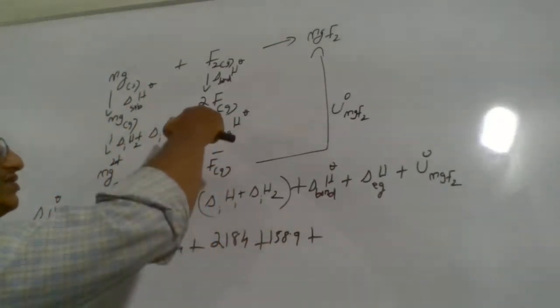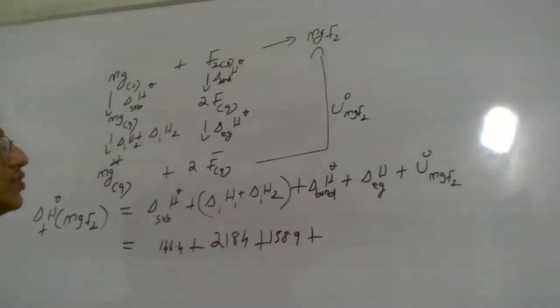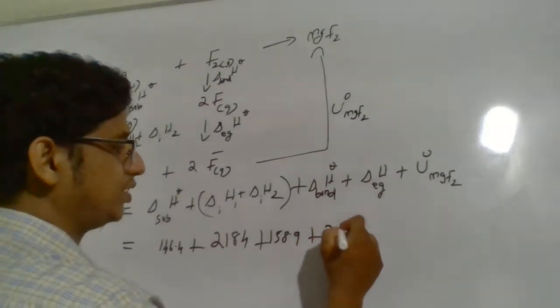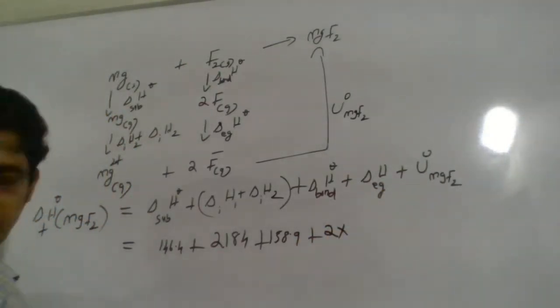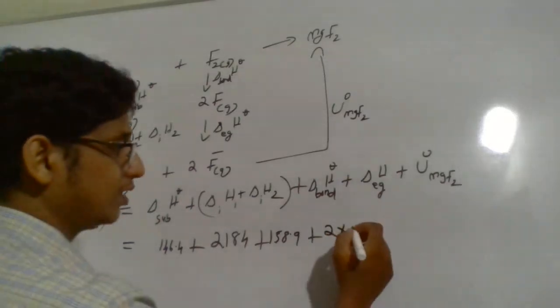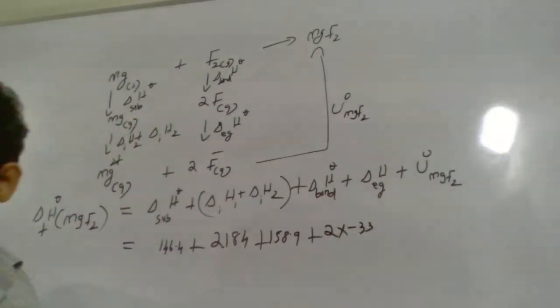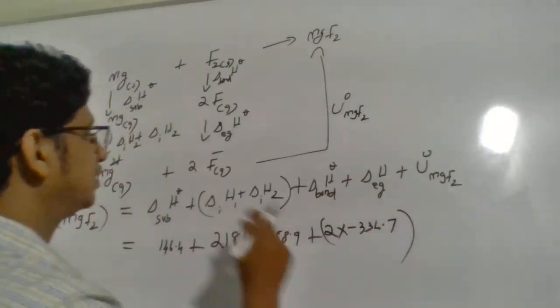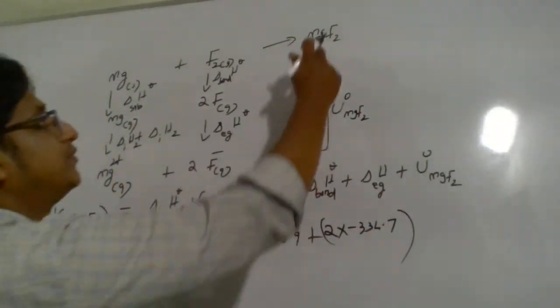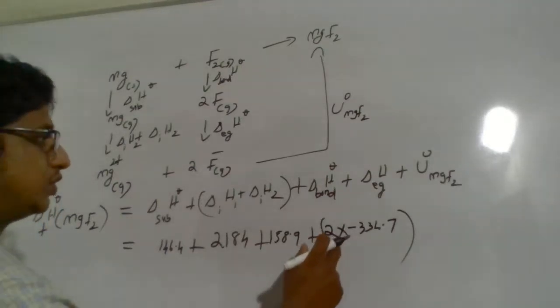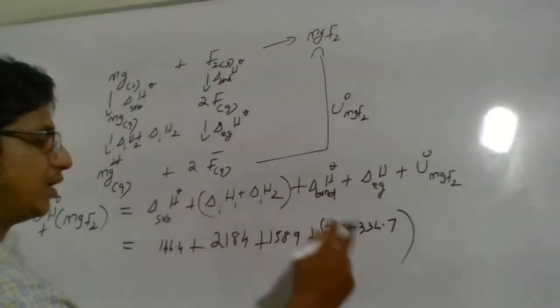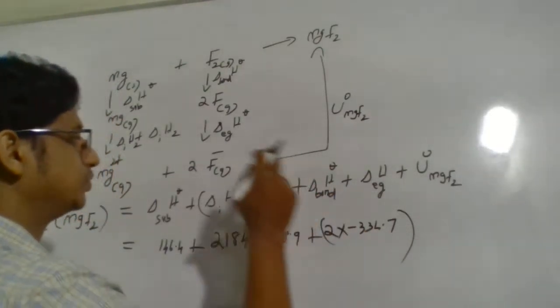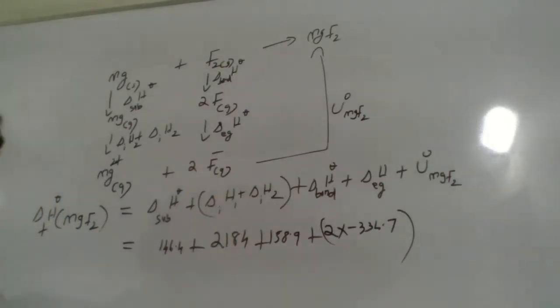Now you have to remember, it is the amount of energy released when one mole of an atom is converted into its gaseous ion. So here, since 2 moles are required, don't forget to multiply by 2 into the electron gain enthalpy of fluorine. So 2 into minus 334.7. Here 2 moles of F minus are required for the formation of MgF2, so the electron gain enthalpy of 1 mole of fluoride ion should be multiplied by 2.